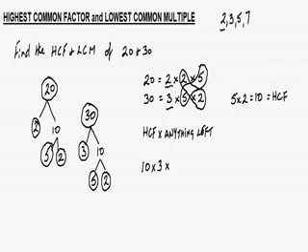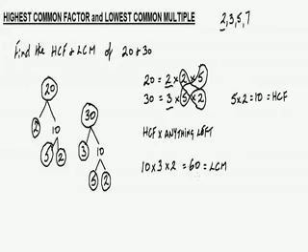And I've not ringed that 2. Okay, because these are left. So if I now multiply these out, so 10 times 3 is 30, and 30 times 2 is 60. That gives me my lowest common multiple. Okay, so 60 is the lowest number that both 20 and 30 divide into.